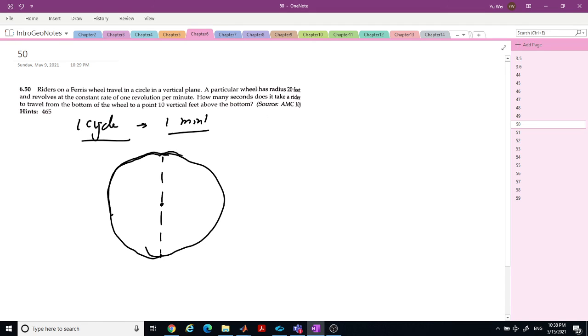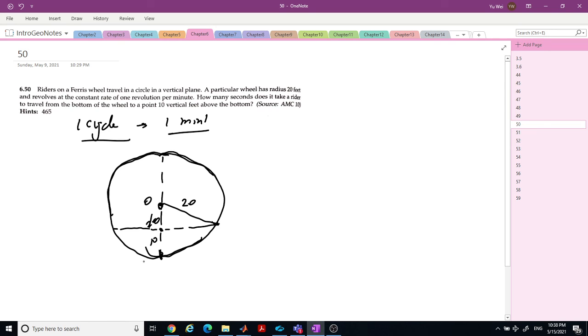So this is the Ferris wheel. This is the center O, and this is the 20. From the bottom of the wheel to the point, the height is 10, so 10 is the midpoint here. This is the 10 and the 10, and this one is 20.